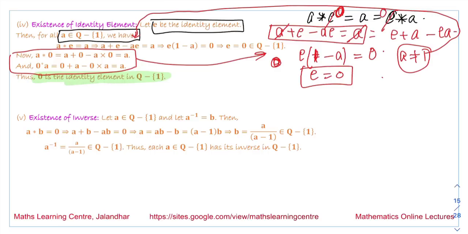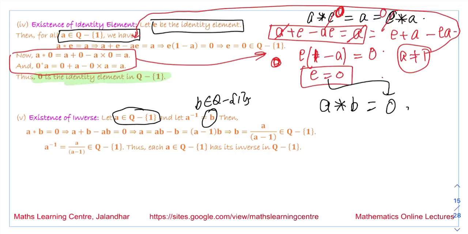Next we have to find the inverse. So let b be the inverse. We are saying b belongs to Q minus 1. This is the inverse of the element a belonging to Q minus 1. Then we will have a star b that should be equal to the identity element, and it is 0. So a star b means a plus b minus ab is equal to 0.